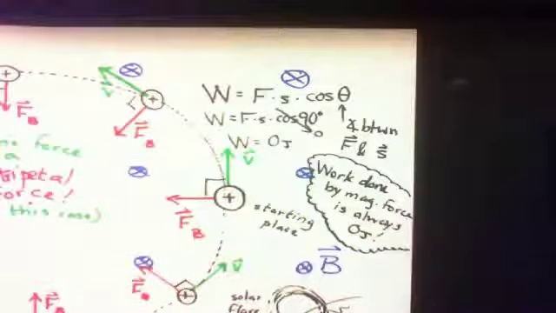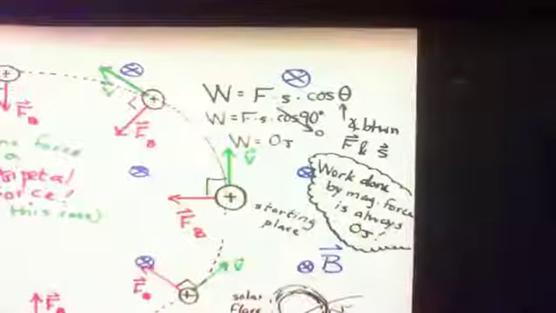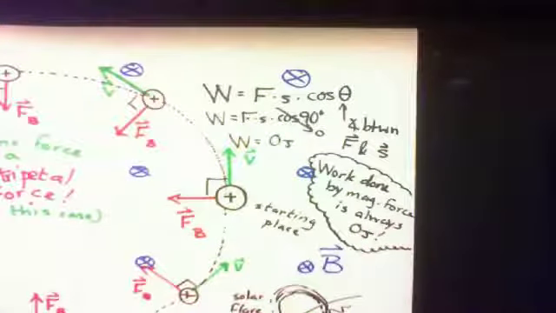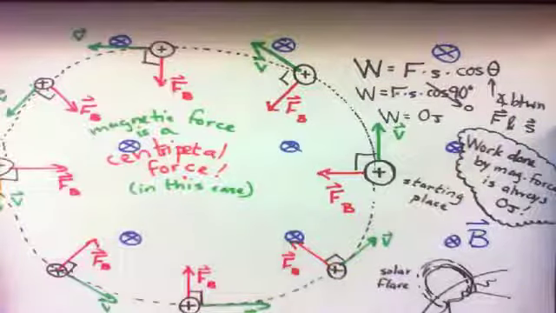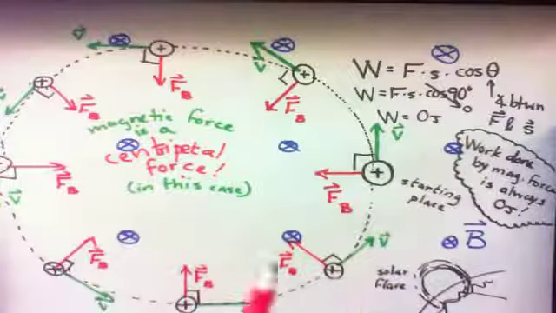The magnetic force does no work on the charged particle moving in a magnetic field. Magnetic forces do no work. That's the ultimate point. Magnetic forces do no work. Also, in every location, the particle has a centripetal acceleration. It experiences a centripetal force. It has a centripetal acceleration, but it always moves at a constant speed throughout this case.